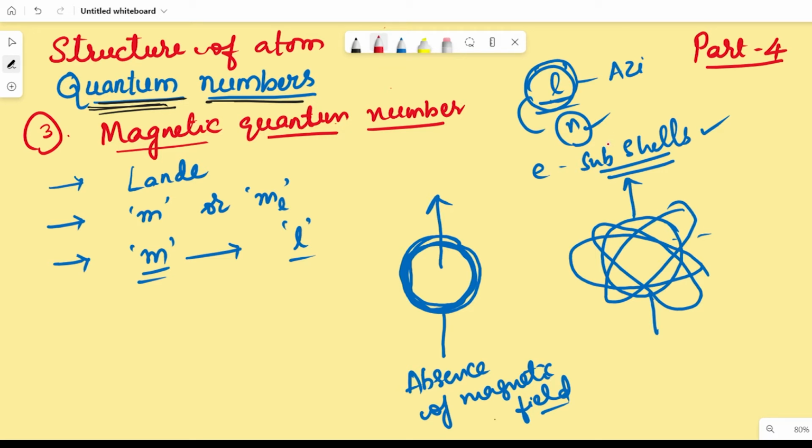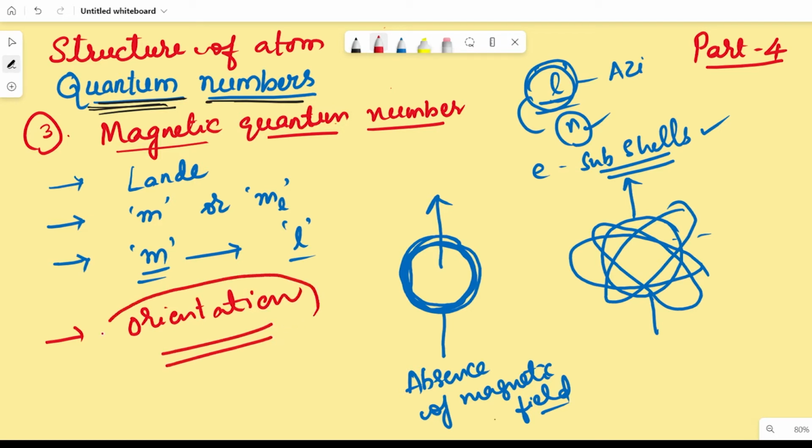Depending upon their energies, the orientation is very important. The orientation of electrons is explained through the magnetic quantum number.